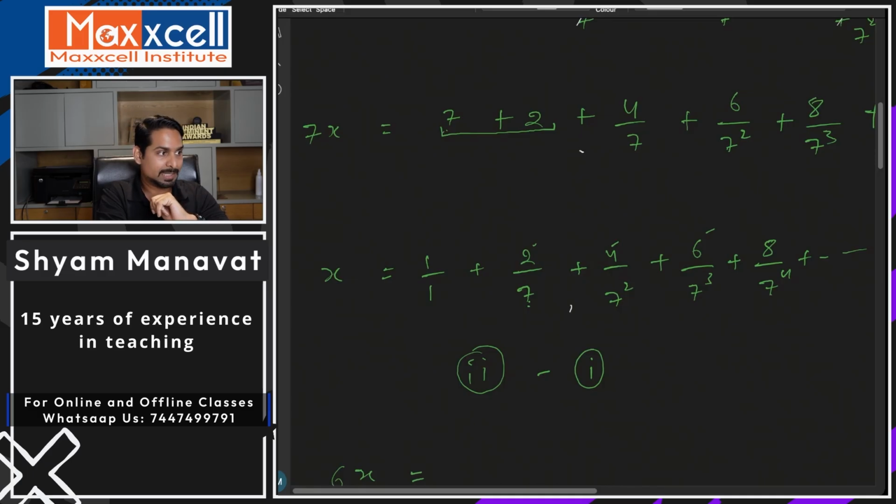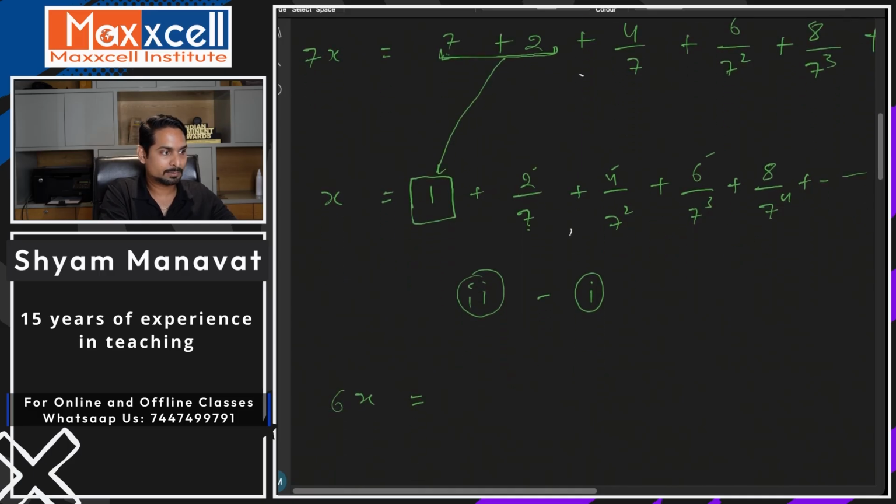So I will subtract this with a term here having no denominator. 1 by 1. So denominator 1 is nothing, right? It is simply 1. So 7 plus 2 is 9. 9 minus 1 is going to get you 8.